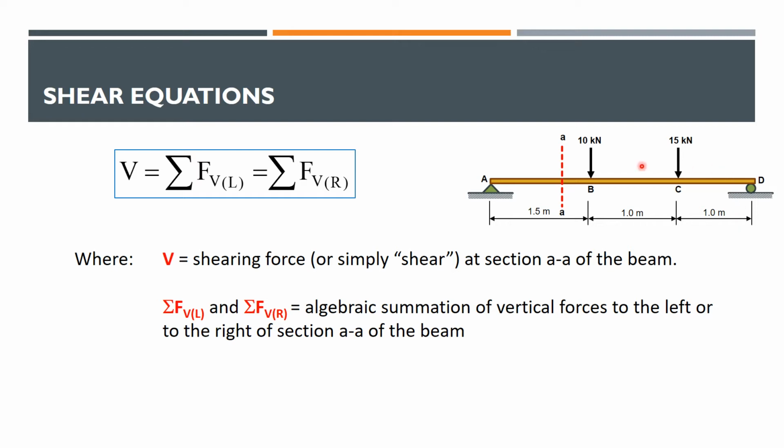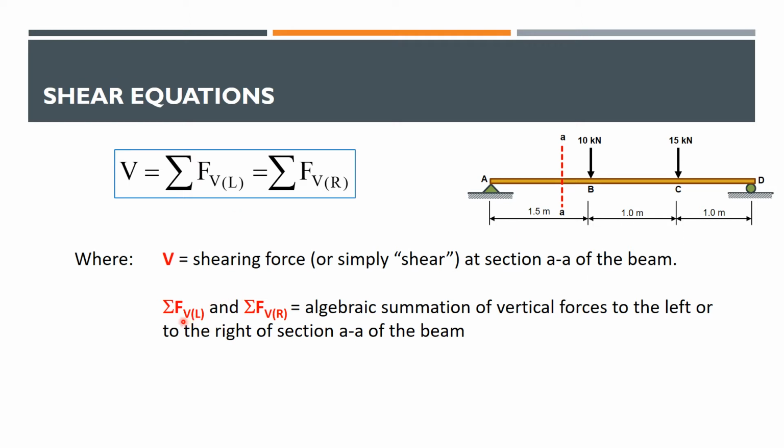With this imaginary cutting plane, which passes between A and B, or this segment AB, gagamitin natin either the left side of the cutting plane or the right side to sum up the vertical forces. Kasi yung mga vertical forces na yan sa beam, yun ang nagkikreate ng shear forces and eventually shear stress.